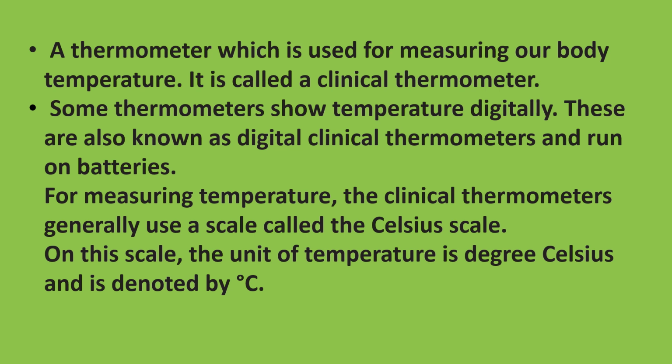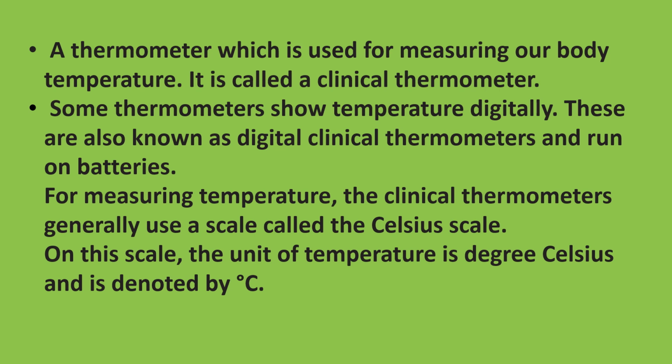For measuring temperature, the clinical thermometer generally uses a scale called Celsius scale. So when we use a clinical thermometer, we use a scale in which we measure the temperature. It is the Celsius scale.